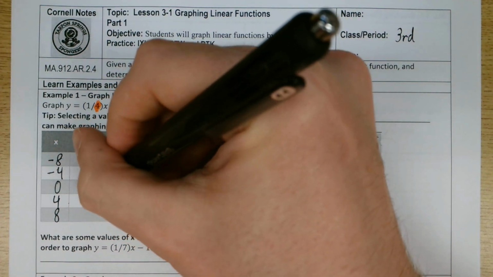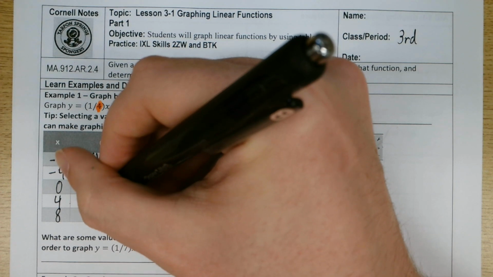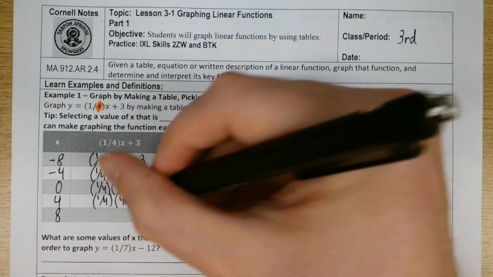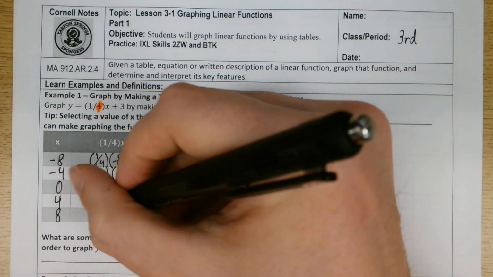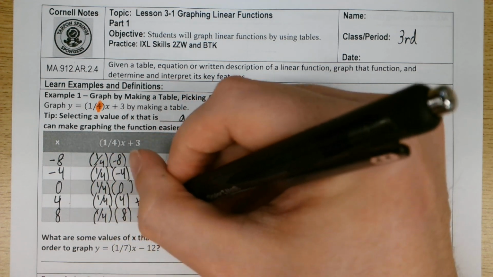You'll do 1/4 of 0 plus 3, 1/4 of 4 plus 3, and 1/4 of 8 plus 3.